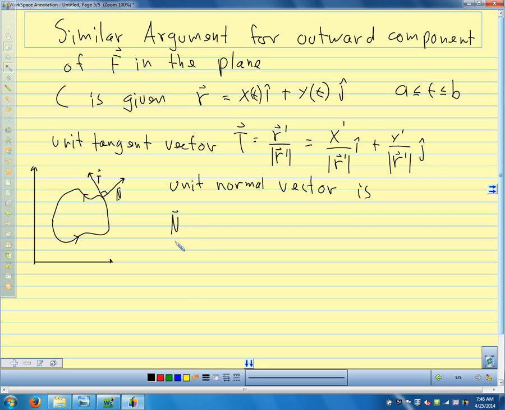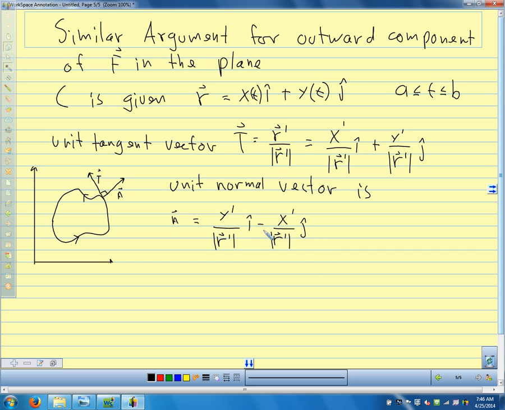I'm going to use a small n here for our unit normal vector. You can use either one. Our unit normal vector is going to be, and we need to change our signs properly, given by y prime over the magnitude of r prime i hat, minus x prime over the magnitude of r prime j hat.